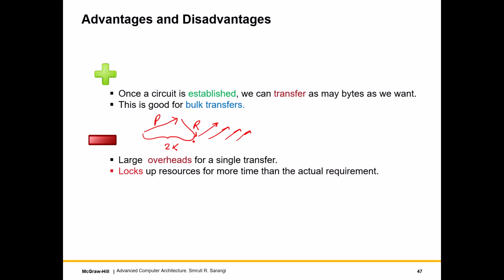Furthermore, it blocks resources, in this case router buffers, for a large period of time, which is not the best thing from our point of view. So this is good for bulk transfers where we want to transfer a large number of bytes in one go. But there are large overheads for a single shot transfer. As a result, this may not be the best idea for an on-chip network that has many small transfers instead of one large transfer.